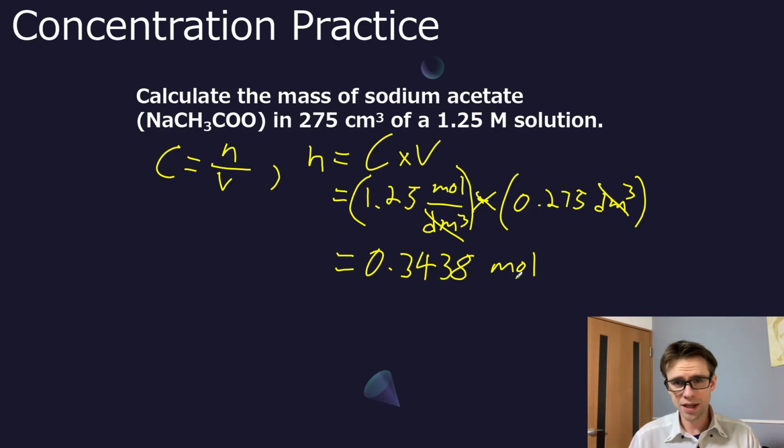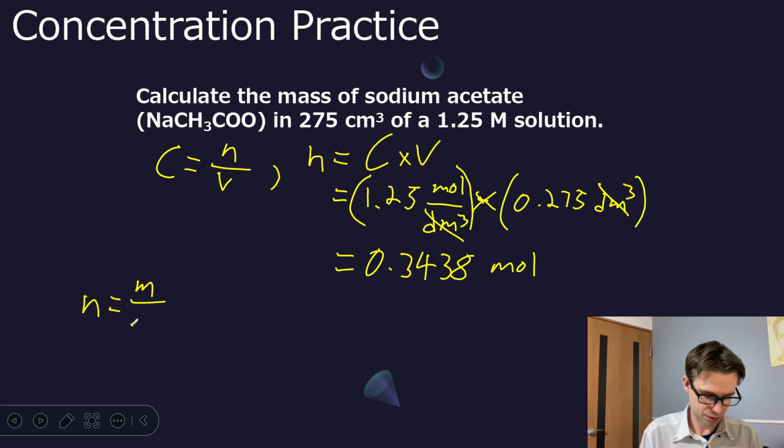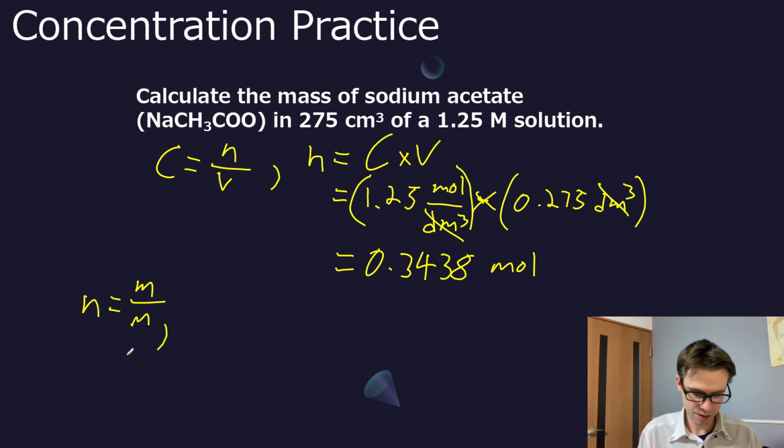So if we were going to make this solution, we would want to know how many grams, right? The mass. And that's really what this question is asking us. So we had an equation from the moles unit previously. Number of moles equals mass over molar mass. Little m over big M. But in this case, I'd like to know the mass.